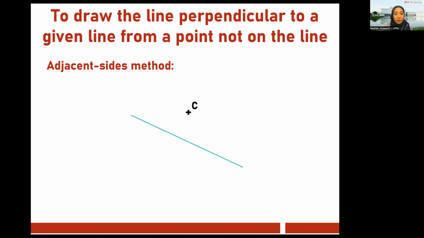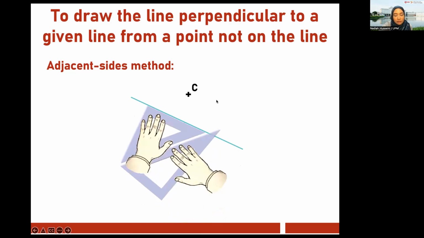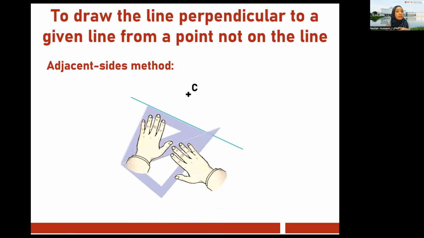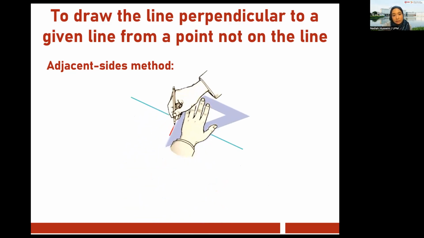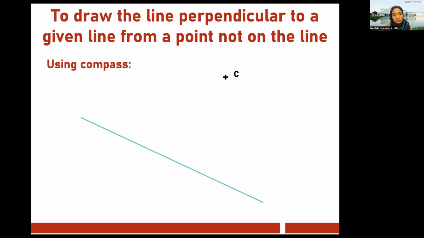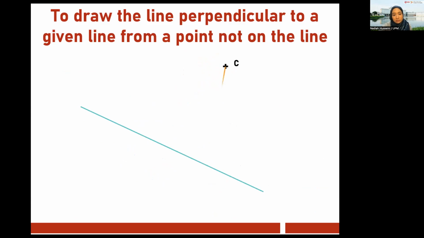Adjacent sides method. Now we have our point C beside the line, not on the line itself, but beside the line. Using the adjacent method, again, the adjacent method is making the triangles into a square, right? That's your perpendicular line. Easy. Using a compass, how do we do it? Make an arc.